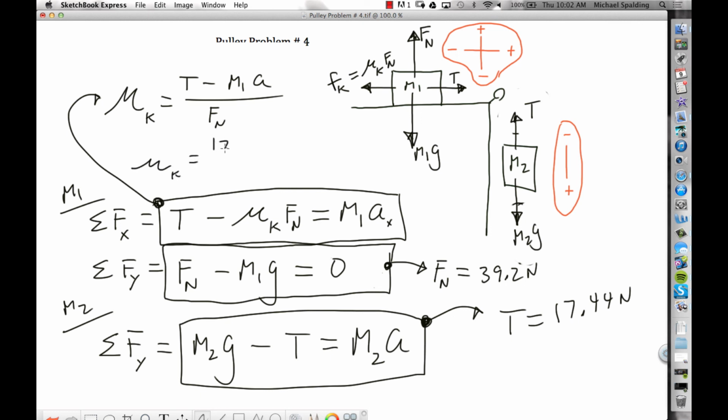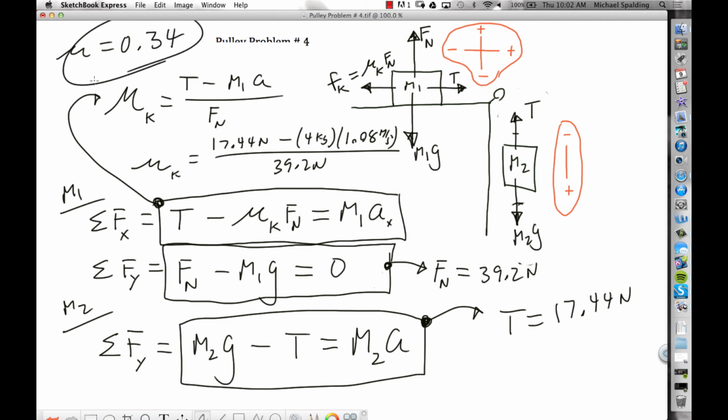So tension is 17.44. M1 is 4 kilograms. The A, we already figured that out, meter per second squared. The normal force is 39.2. So we end up getting a coefficient equal to, we'll round this to 0.34. The coefficient has no unit.